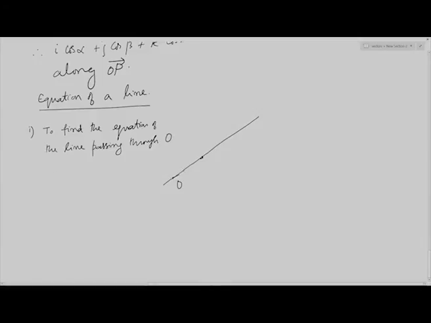If I know the direction cosines, then I know the unit vector. Let me call the line capital L, because L should not be confused with the cos alpha. So, we have the unit vector along the line L.